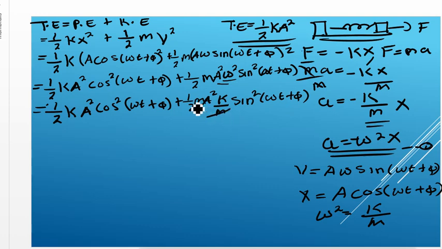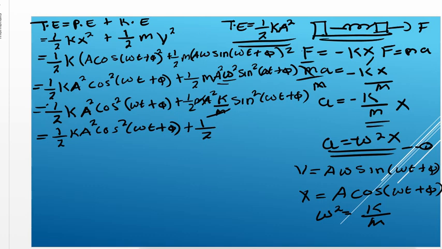Then of course this mass and this are going to cancel, and we're going to remain with 1 over 2 k A squared cosine squared of omega t plus phase. Then of course we're going to add everything together.